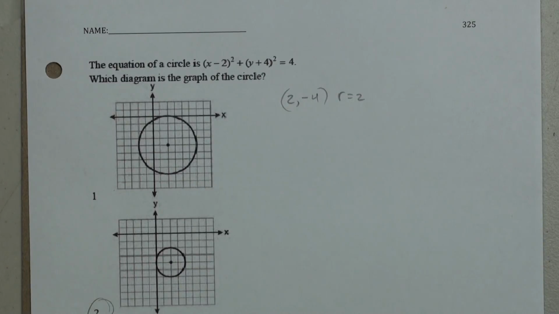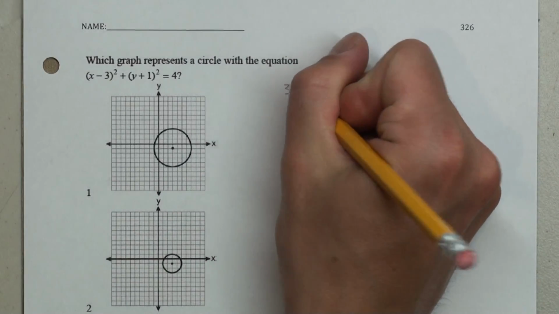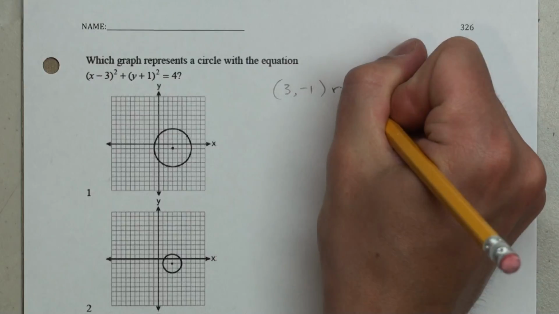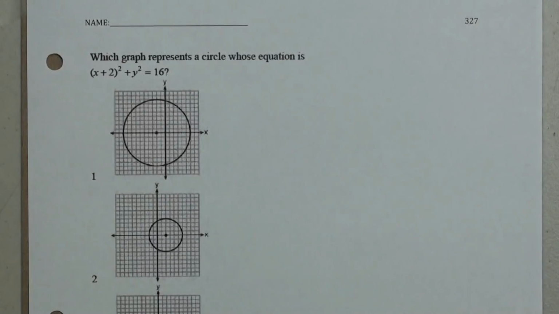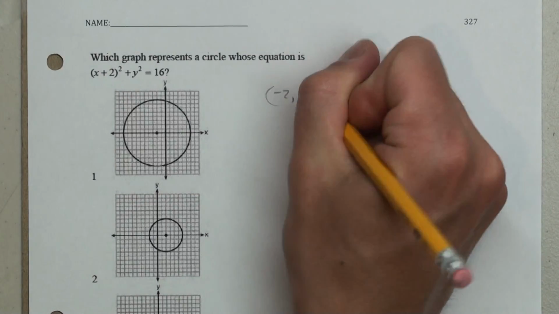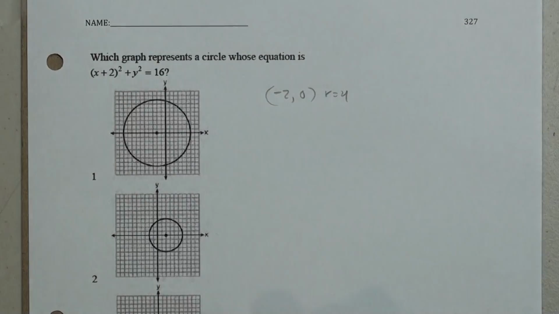Choice 2. It's got to be 3 comma negative 1 and r equals 2. Choice 2. It's got to be negative 2 comma 0 and r equals 4. Choice 3.